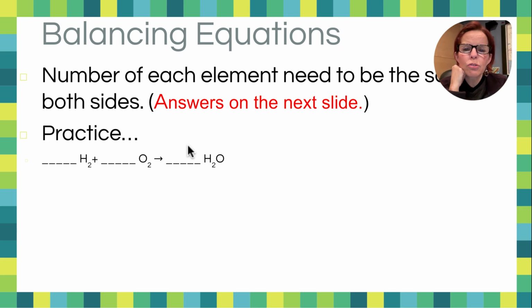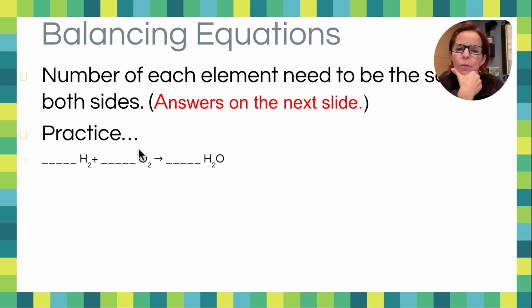So if I put a 2 right here, that would mean I'd have 4 H's and 2 O's. Do you see that? If I put a big 2 in front, it means I have 2 H2O's. So that means I would have 4 H's and 2 O's.